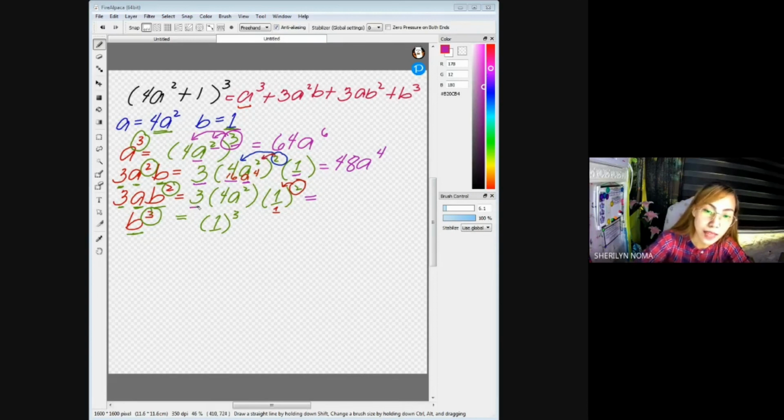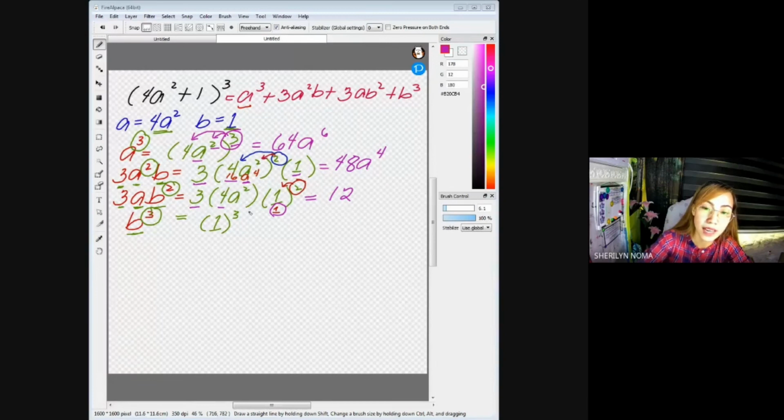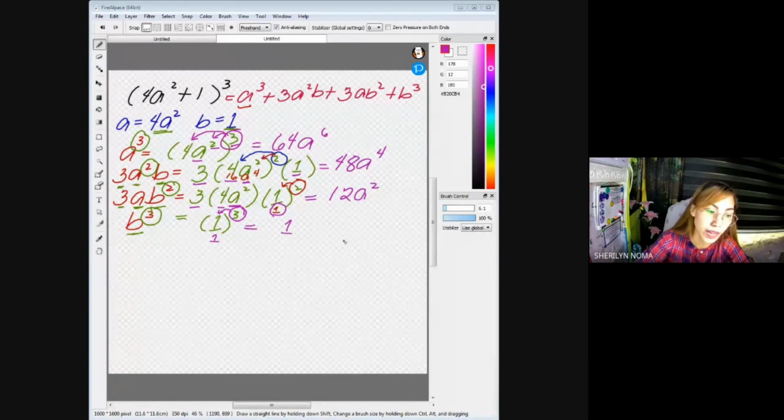Next, let us multiply. 3 times 4, that is 12. Times 1, of course, still 12. Right? And then, for the variable, you just have a squared. Next, so 1 cubed. 1 times 1 times 1. Of course, still 1. Okay? It's still 1.